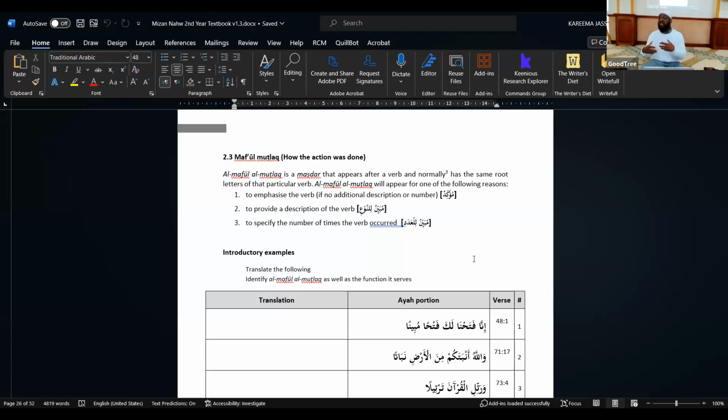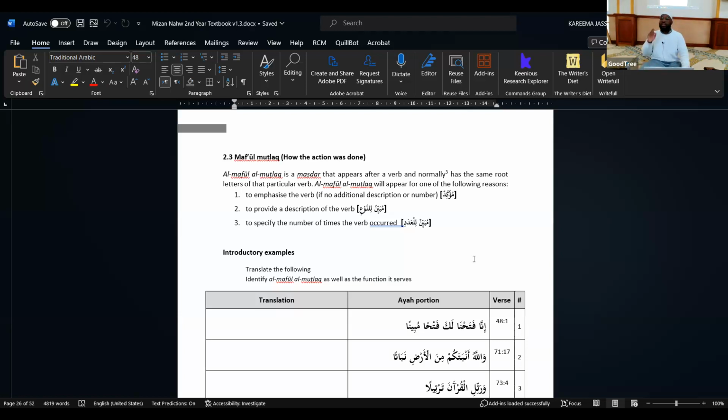The intensity with which that thing is done. And obviously, here's an important note: every verb has its own expression of intensity. You understand that? Every verb has its own expression of intensity, but they can all be expressed by the maf'ul mutlaq.